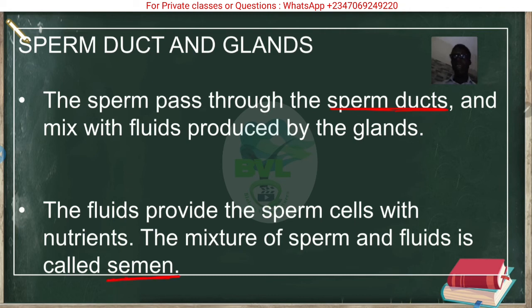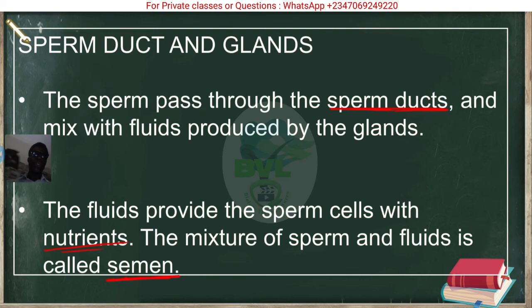This is a very vital point. Now let me explain this quickly. The fluid is not just there for fun, it's there because it helps to keep the sperm cells alive. It prevents the sperm cell from dying as it passes. In males, the urethra is also used for urination.